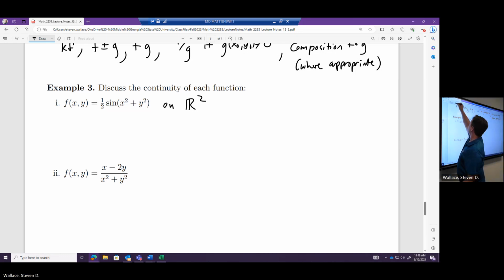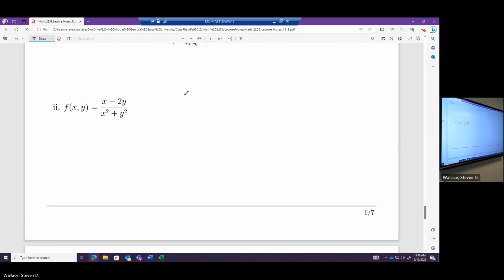So maybe I'll pick that in red, to make it analogous to above. Okay. What about this one? Well, this one's continuous everywhere except the origin.